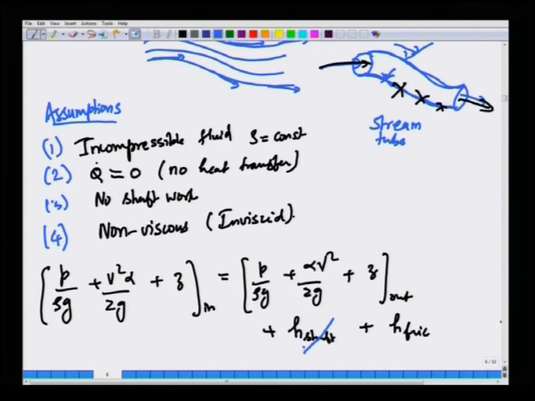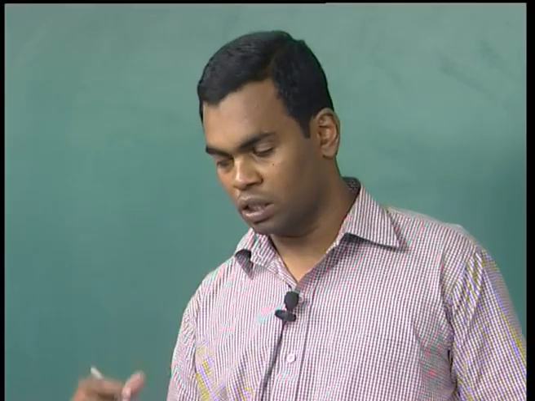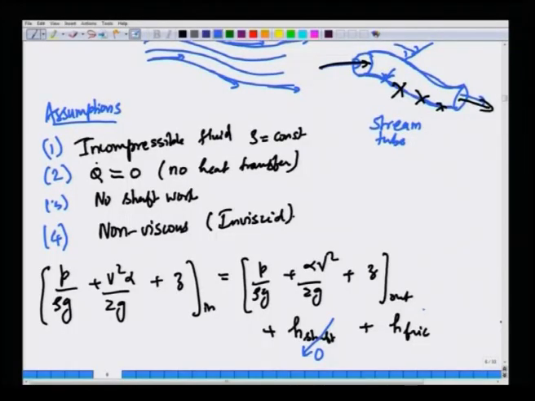We are saying that there is no shaft work, 0, and there is no viscous shear stresses at the sides, because we are assuming the fluid to be inviscid or non-viscous. So, there are no viscous stresses, the work done by viscous stresses on the control surfaces of the CV. So, that is 0. There is no viscous loss because the fluid is inviscid. So, this is a very critical assumption, and we will assume uniform flow.